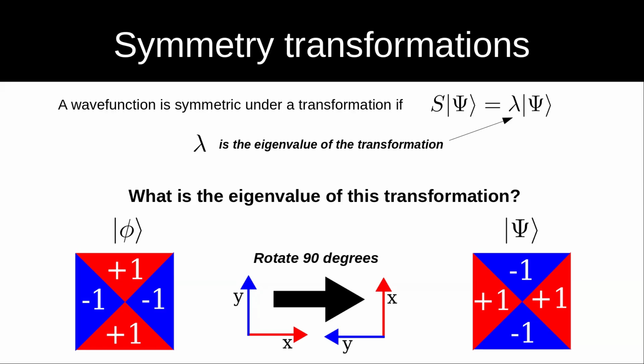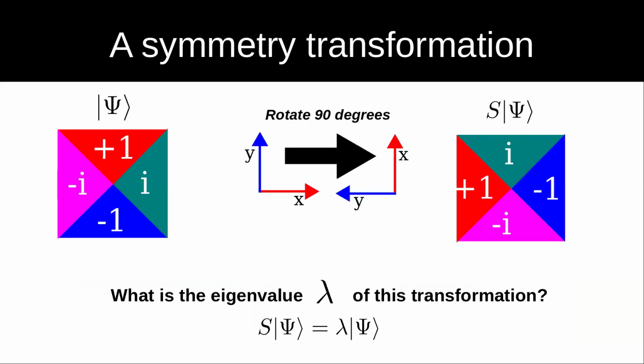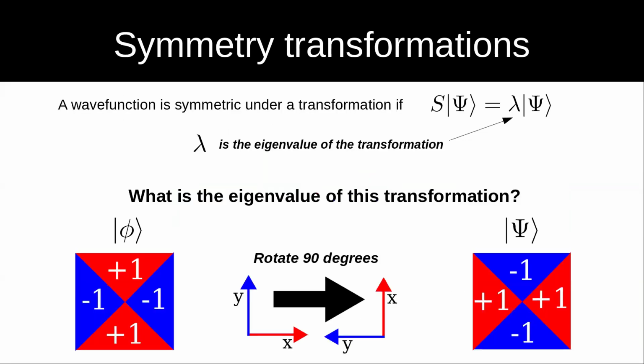So this transformation leaves the wave function invariant up to some quantity. This wave function is actually an eigenfunction of this transformation. My question for you is, what is the actual eigenvalue of this transformation? You may very easily realize that it's just -1, because if you multiply by -1 on the left, you essentially get the wave function that you have on the right.